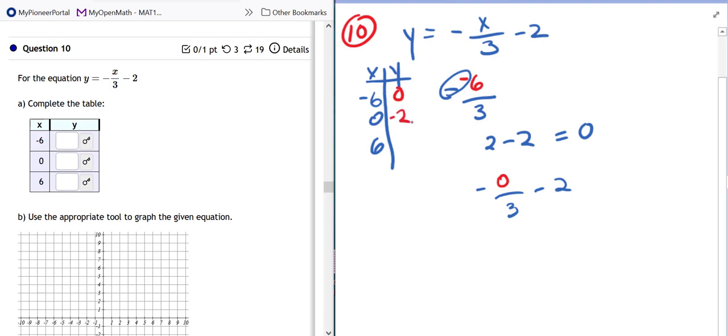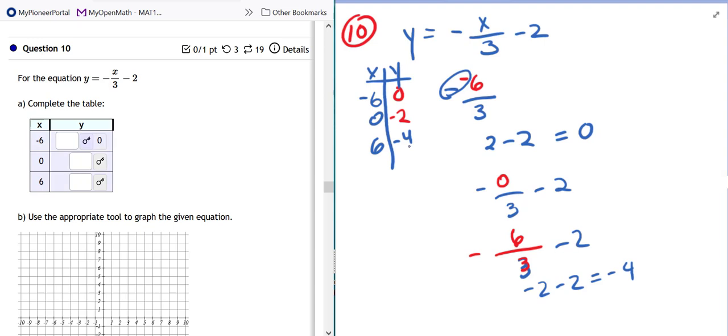And if we plug in 6, we still have this negative. Right, this gives us negative 2 minus 2 is negative 4. So we'll check those and then we'll graph. So -6, 0, 0, negative 2, and 6, negative 4.